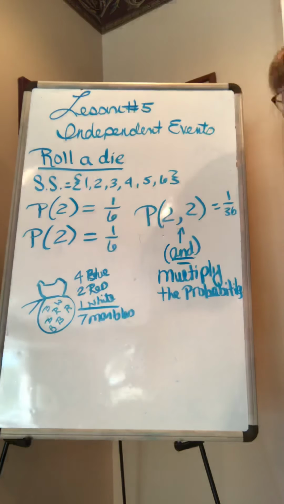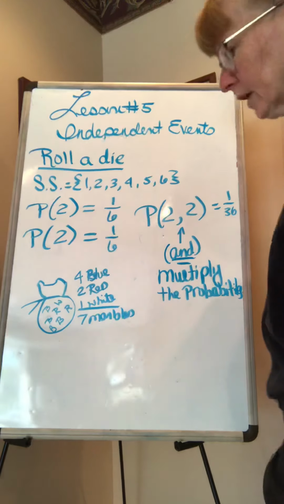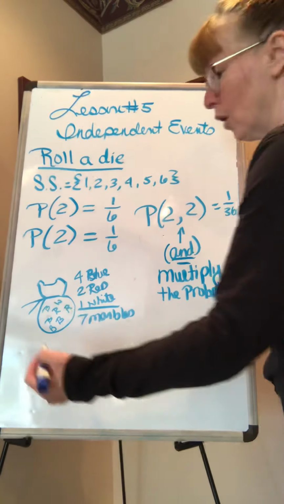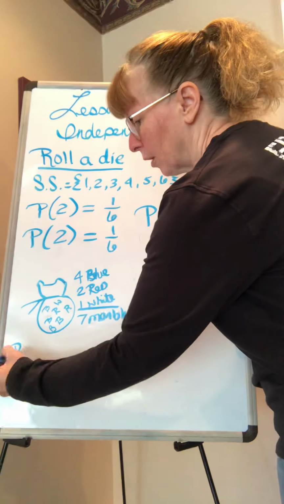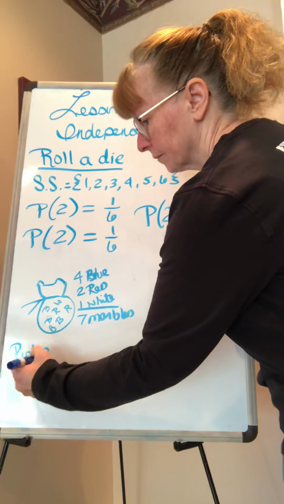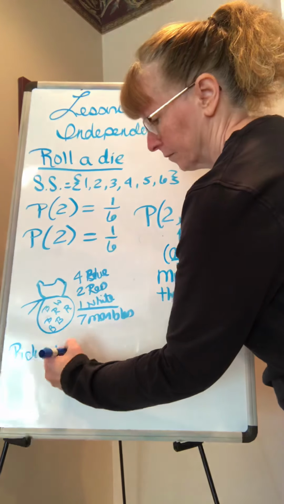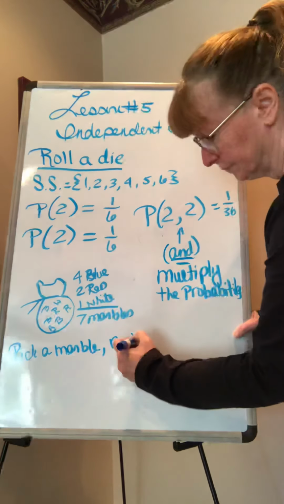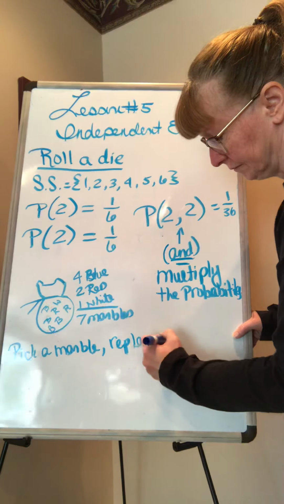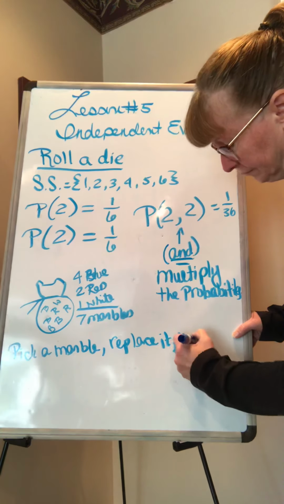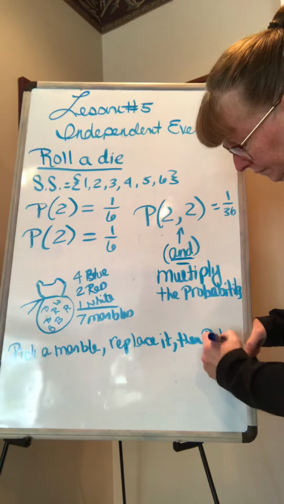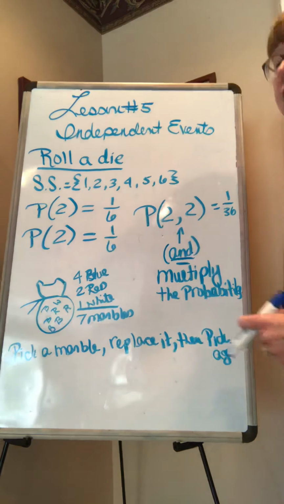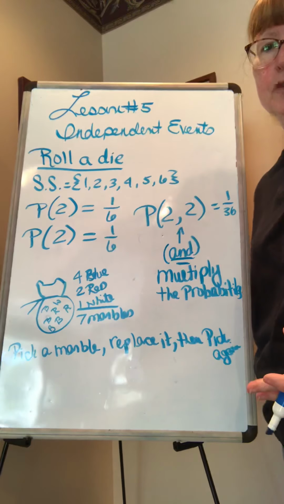Now, when you're doing a problem like this, you're going to be super careful with what it says. If it says you pick a marble, replace it, then pick again, well, what's happening is you didn't change your sample space at all.